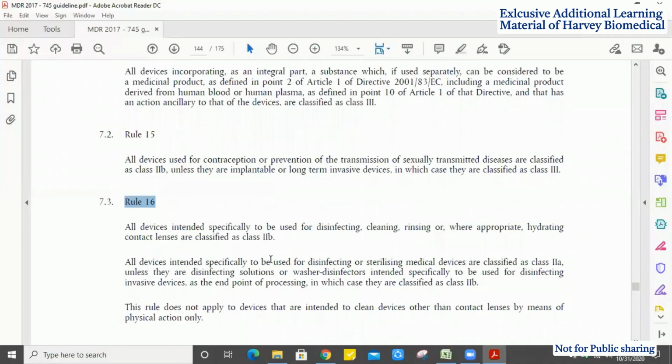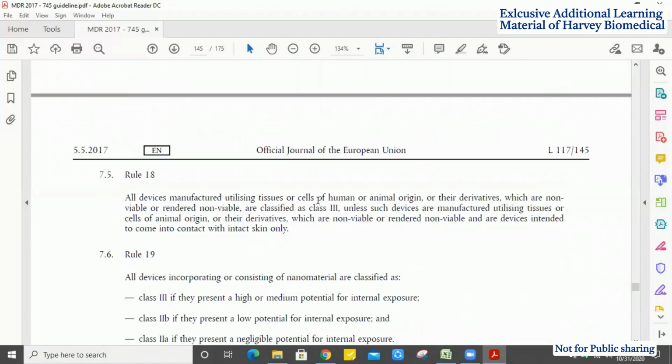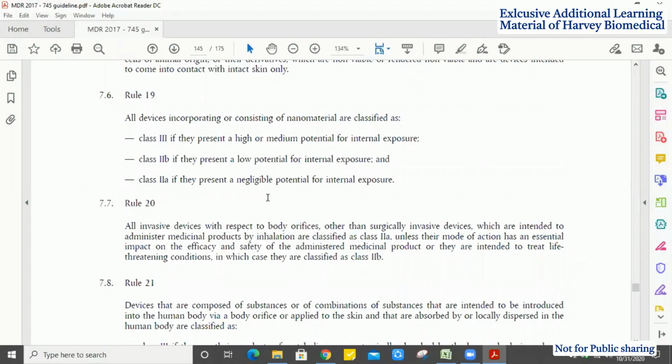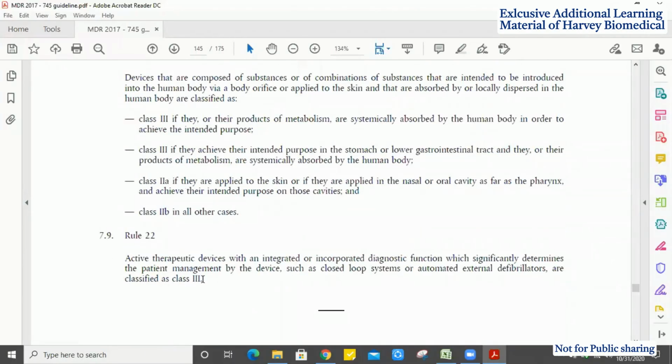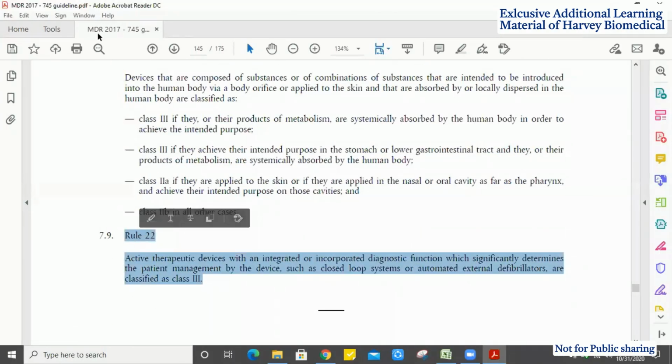If you see once, you can give any one device and ask how to classify it as per this, and next year they will understand in detail. There are up to 22 rules. Annex 8. You can download the MDR 2017/745 guideline. It is free of cost, so there is no charge. You can download it and go through how the regulations are.